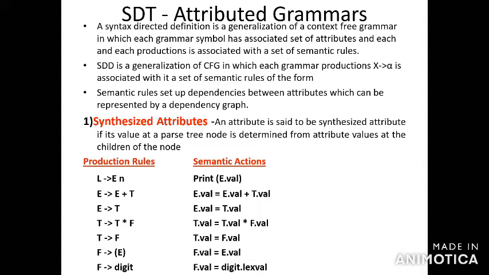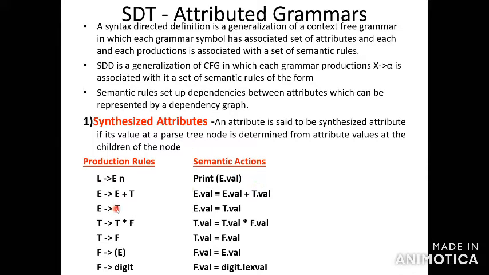So based on the grammar symbol, you have to specify that each production is associated with a set of semantic rules. This is for the production rule, and this is for the semantic action.